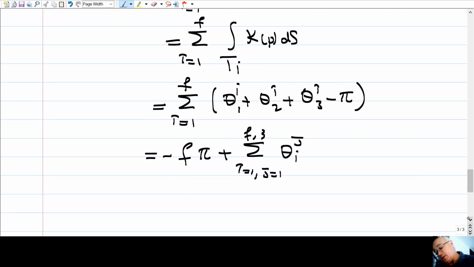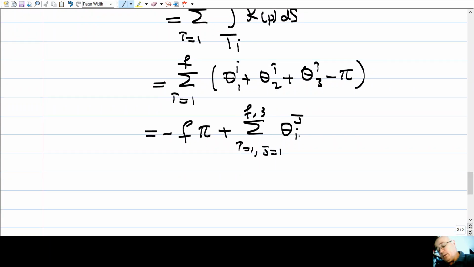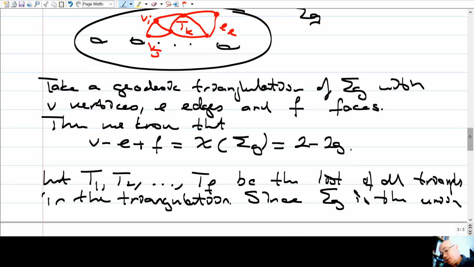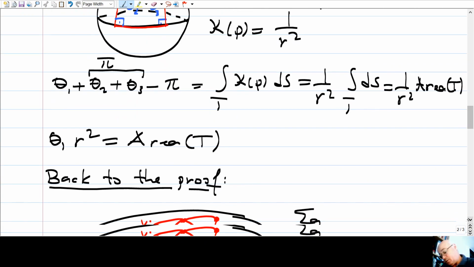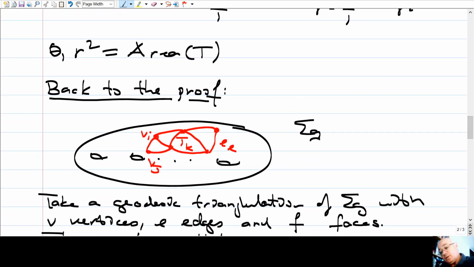Well, what is this? You see, the interior angles are like this, right? This is one interior angle, this is another one, and then there will be another one and another one. So at each vertex, the sum of the interior angles of the triangles will be 2 pi. Here again, the sum will be 2 pi. Here it will be 2 pi, and so on.